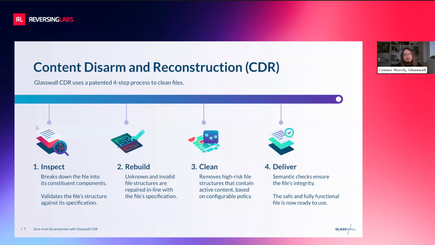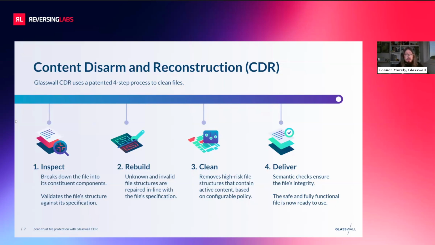Thanks. Content Disarm and Reconstruction, or CDR, works on the principle of taking a document and breaking it down into constituent components, and then verifying, mitigating or removing content based on security policy. So we'll quickly walk through what this means. First, you have a file which is inspected, and we break this down into its constituent components based on the specification from the original vendor. These are then checked against that specification to make sure they are adherent and not malformed.